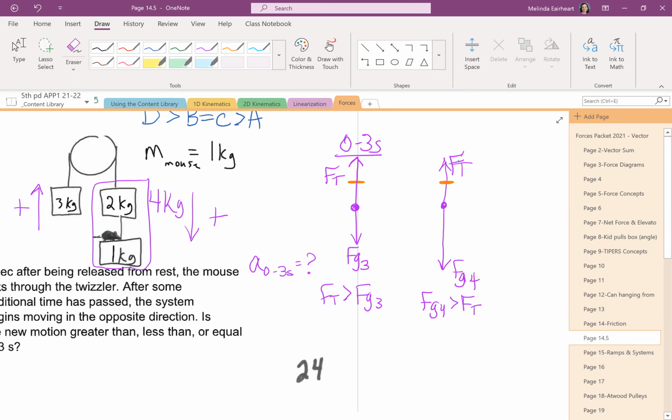But remember, forward is your positive direction. This tension on the left-hand side is positive, but the tension on the right-hand side is not in the direction of forward motion, it's backward. So it's negative. And so these two tensions are equal in magnitude, opposite in direction. And notice they're on two different objects. What can we identify with these two tensions?